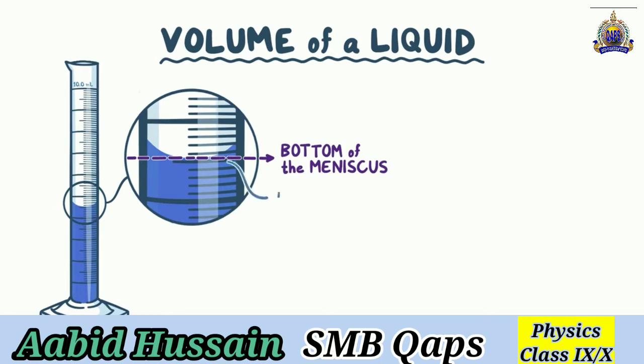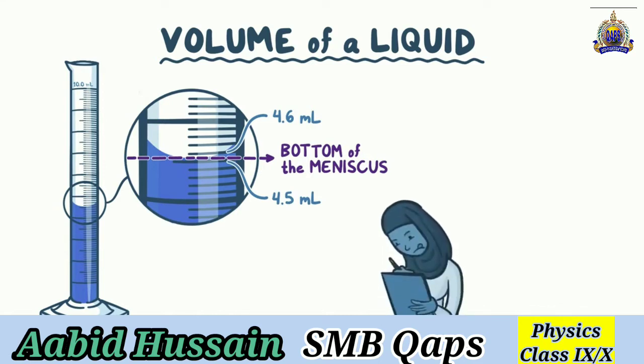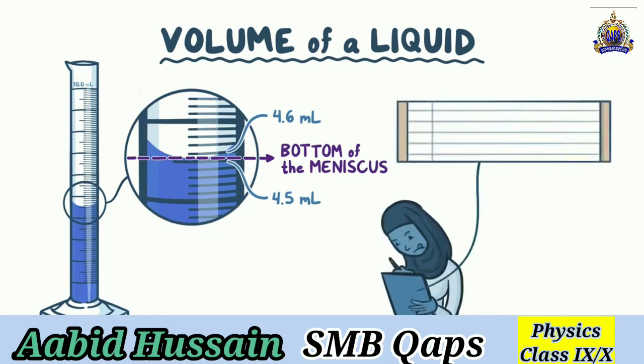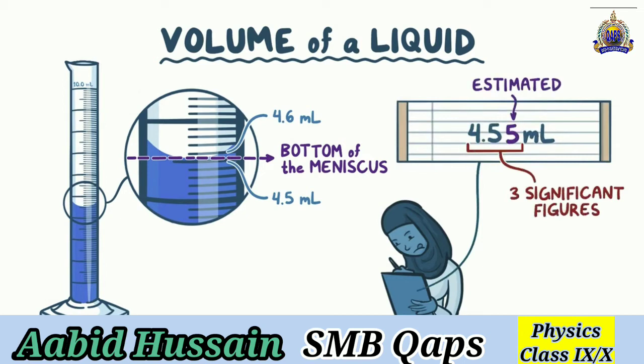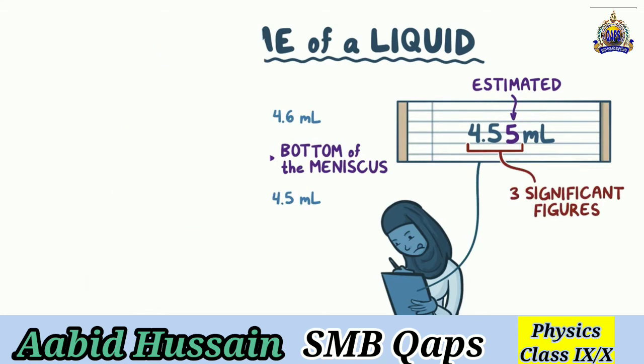Like here we have the measurement which is between 4.5 ml and 4.6 ml. Now how will we get the accurate value? This will be only an estimation, between 4.5 and 4.6. Then what will the number be? The number should be 4.55 estimated. Actually the 5 is an estimated number, meaning it is not fully accurate, but it is only the estimation gotten from the measurement.